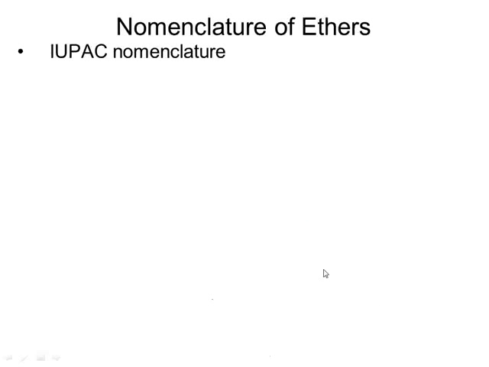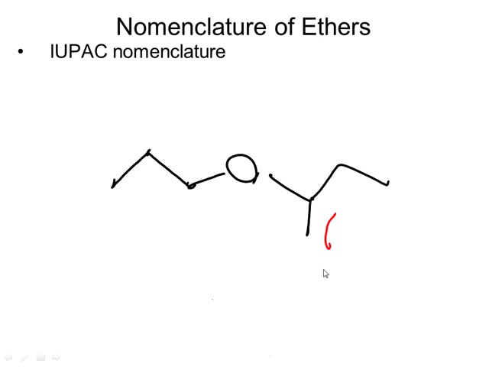So no matter how that shows up, we have to look for the longest chain. The oxygen may not be bonded to the first carbon in the chain. If I had something like this, my longest carbon chain is actually right here, right? Now we start numbering.